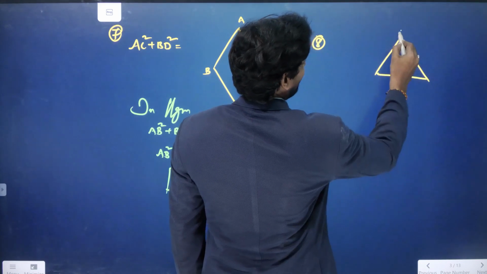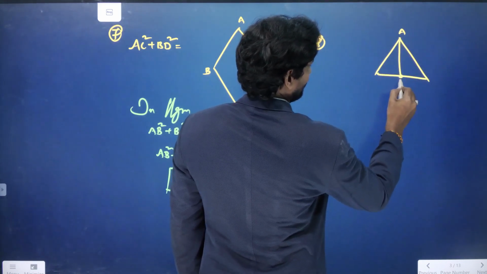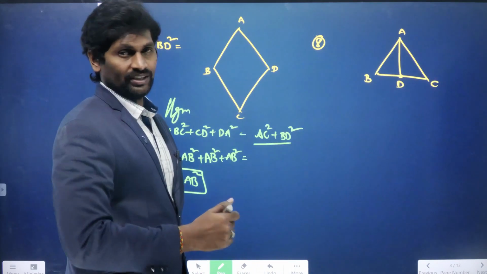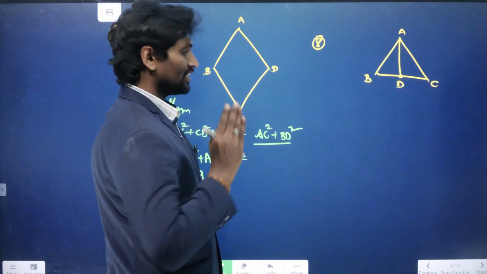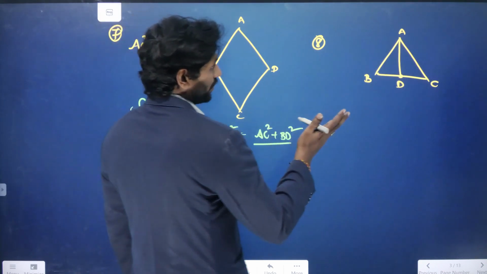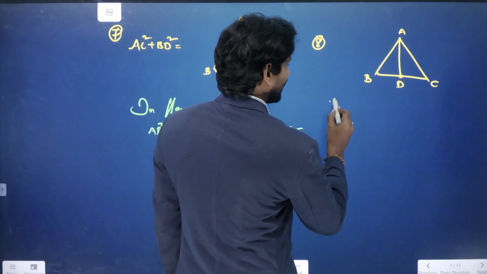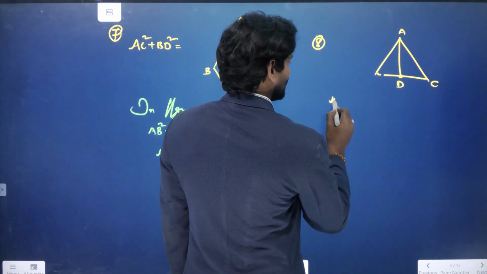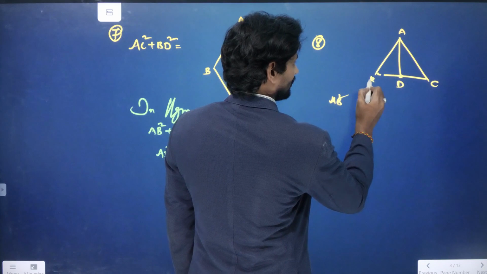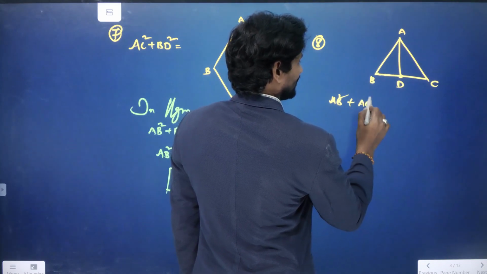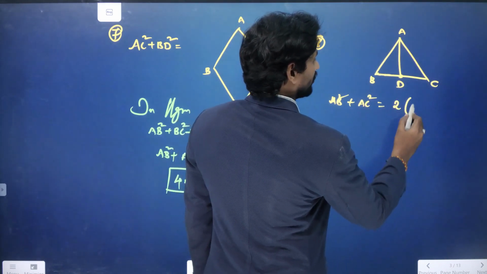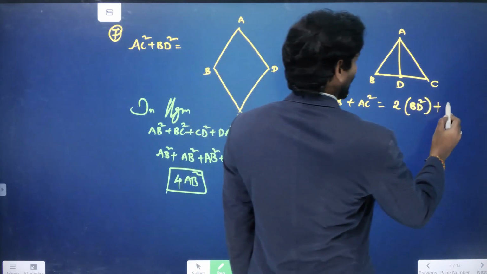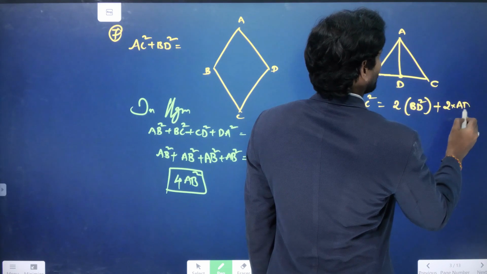When you draw any median, so simply what is the Apollonius theorem? The sum of the squares of any two sides of a triangle, nothing but AB square plus AC square, is equal to 2 times the square of half of the third side plus 2 times the median square.